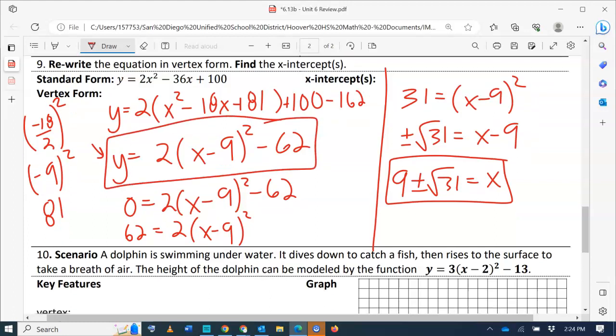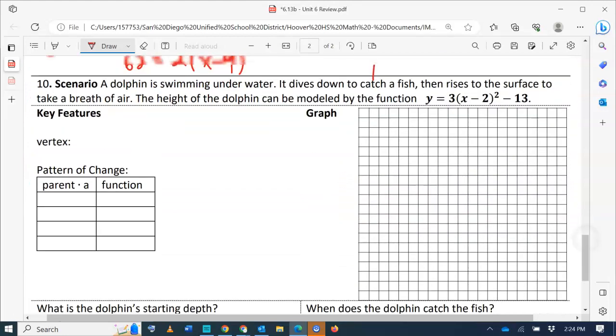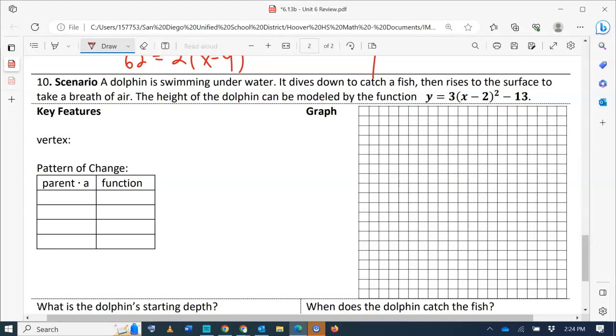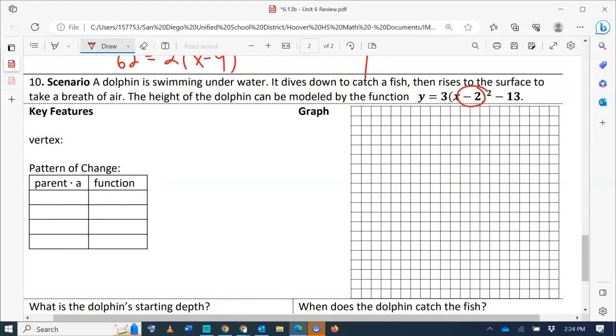Okay, 3 minutes to graph. Okay, so we are in vertex form. So here's our x, here's our y. Then we have to change the sign, so it's a positive 2, comma, negative 13. Pattern of change here is we are multiplying everything by 3.